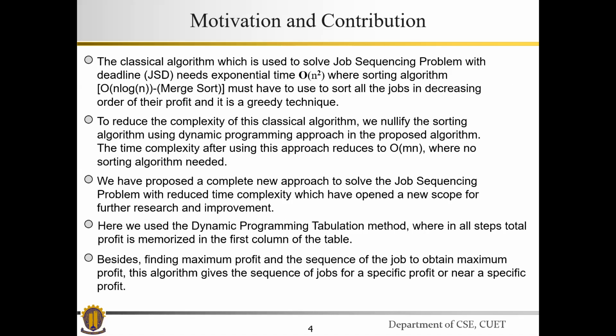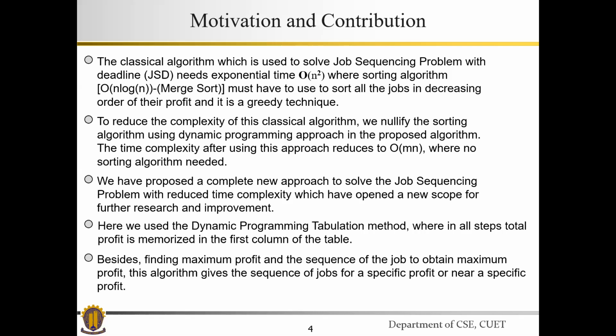To reduce the complexity of this classical algorithm, we nullify the sorting algorithm using a dynamic programming approach in the proposed algorithm. In our algorithm, the time complexity is reduced to big O of mn, where m is the maximum deadline and n is the number of jobs, and no sorting algorithm is needed. We have proposed a completely new approach to solve the job sequencing problem with reduced time complexity, which has opened a new scope for further research and improvement.